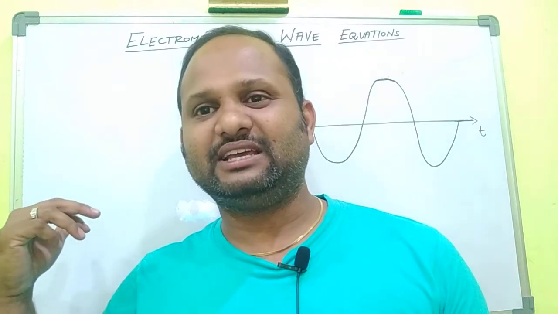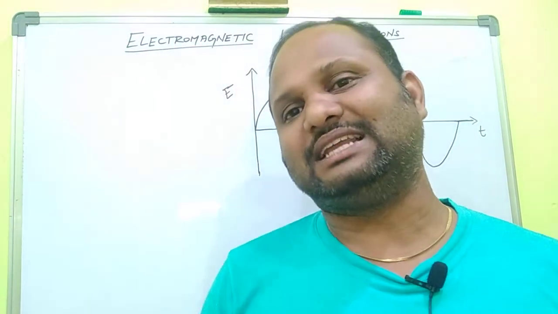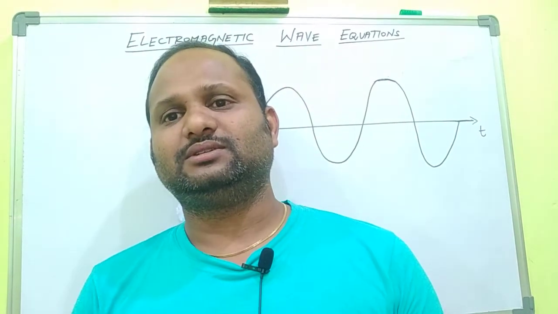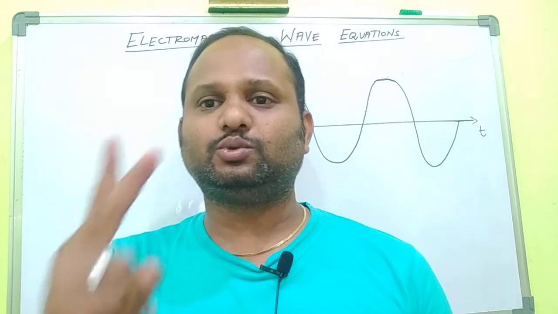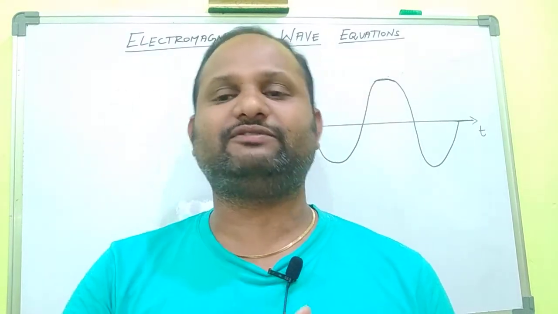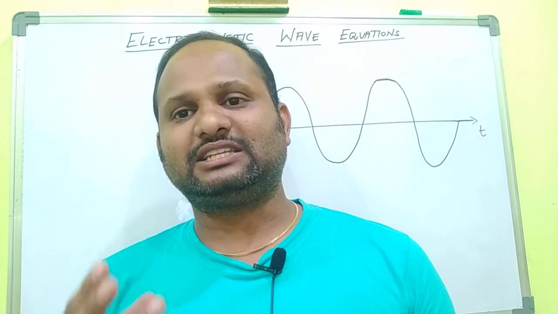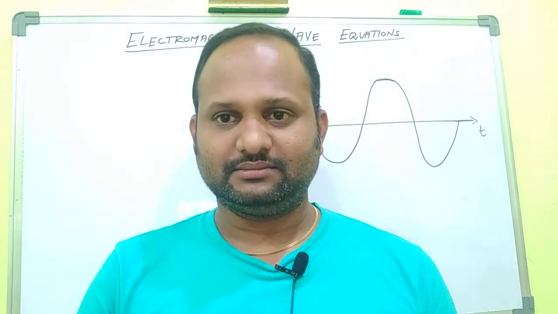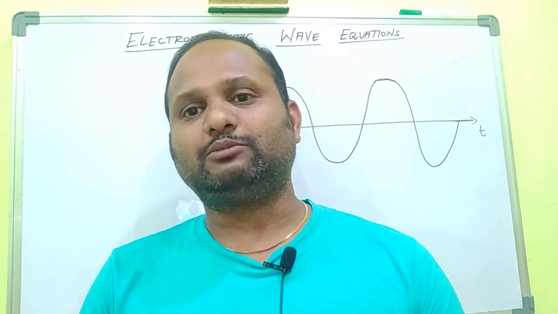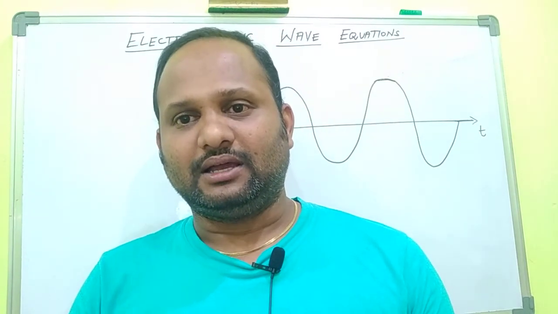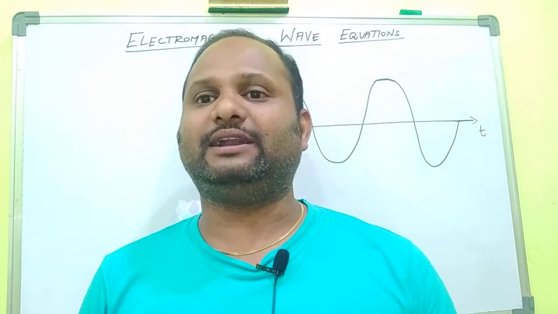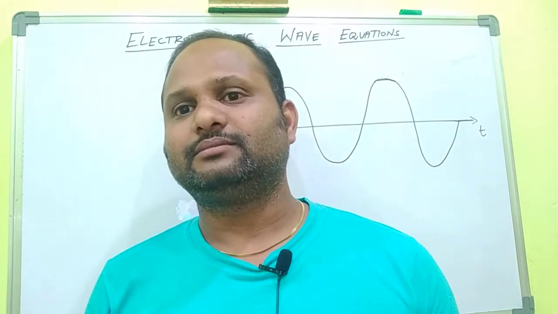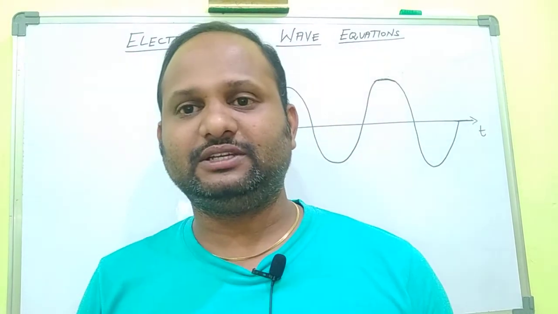Now we are going on with the electromagnetic equation. What is the electromagnetic equation? It represents two things: one is the electric field vector, another is the magnetic field vector. The equation relates some quantities, for example wavelength, frequency, and maximum value of electric field.